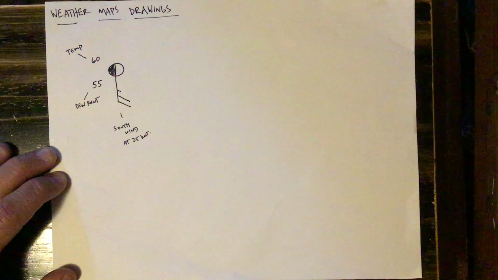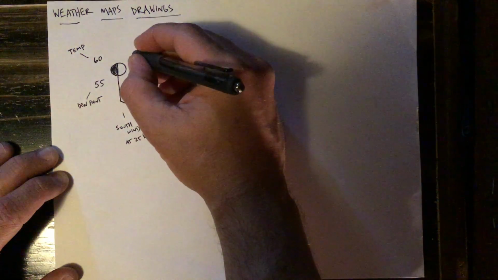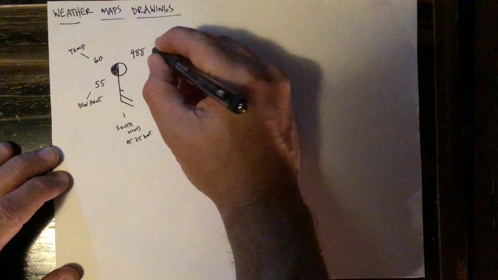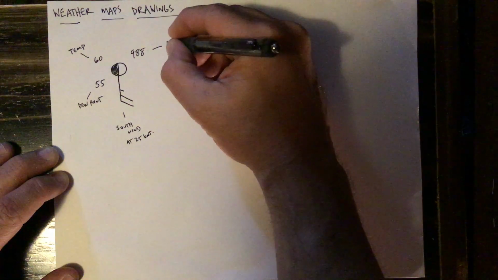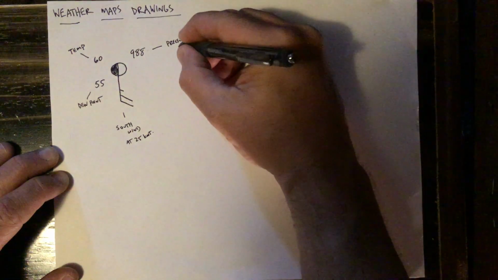South wind at 25 knots, temperature 60, dew point 55. And then there is a number in the top right corner that is air pressure in millibars.